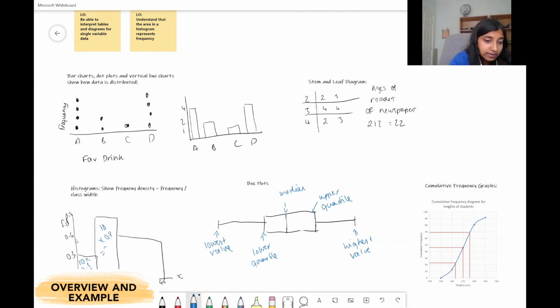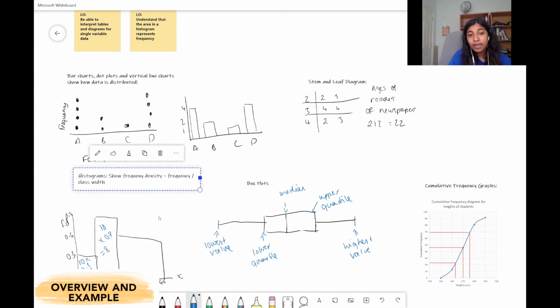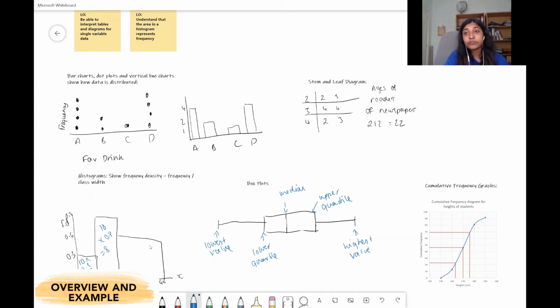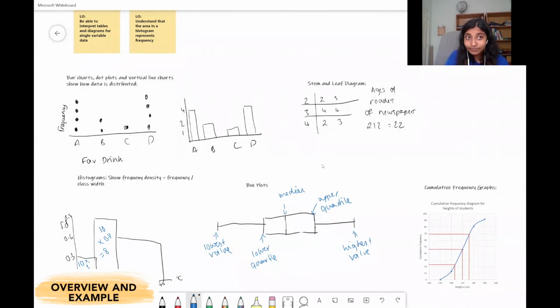So you just get 8 as your frequency for this bar, and so on and so on. So just remember, for a histogram, your area is what represents your frequency, which is your frequency density times your class width. So that's what a histogram shows.